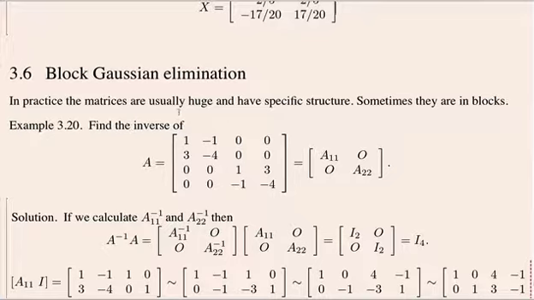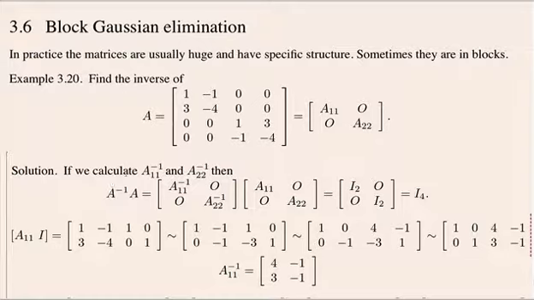For example, to find the inverse of this matrix, you can notice that you have a block of non-zero entries in this upper left corner and in the lower right corner. And in these other corners, we have 2 by 2 zero matrices. So this has the form A11, 0, 0, A22.